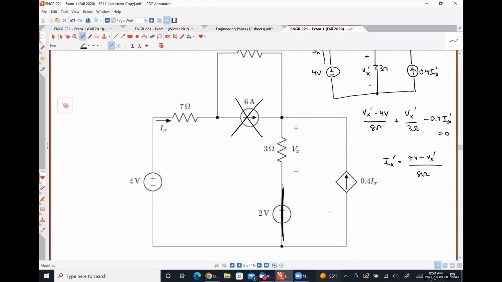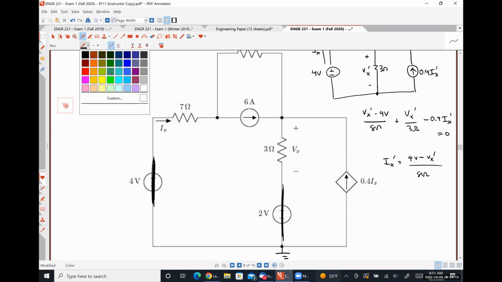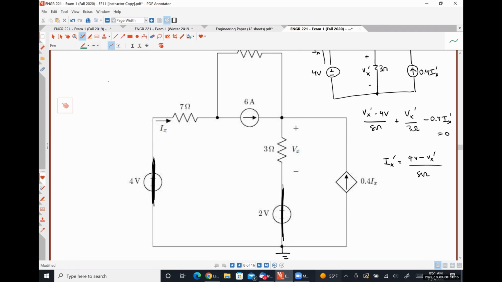So with the 6 amp source on, my voltage sources get shorted out. And I do nodal analysis here. Let's call this bottom thing down here ground, and I'm just going to show you something real quick.